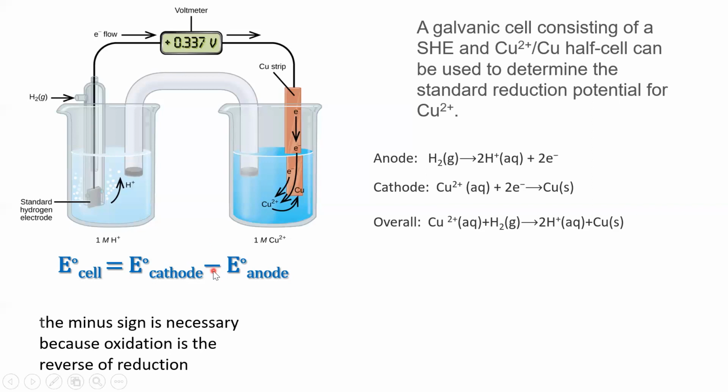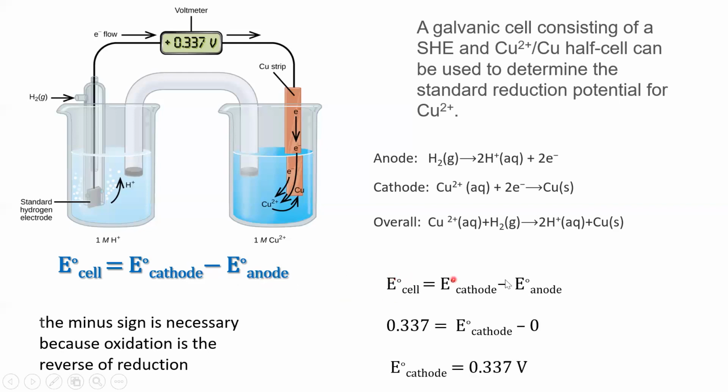The reason why we're subtracting is because the values on the table are reduction values, but oxidation takes place at the anode compartment, and oxidation is the reverse of reduction.